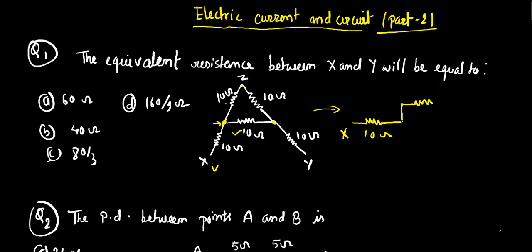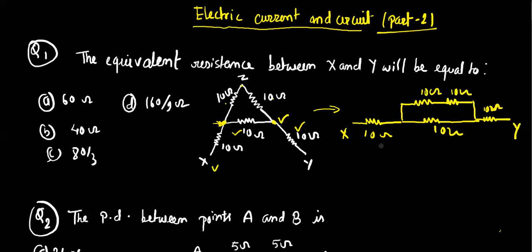This is the series combination of two resistances, 10 and 10, and then another terminal is here, and it is connected with another resistance, this is 10 ohm, and then this is terminal Y, and the bridging between this point and this point is done by another resistance having value 10 ohm. So this is the simplified form of this particular circuit.